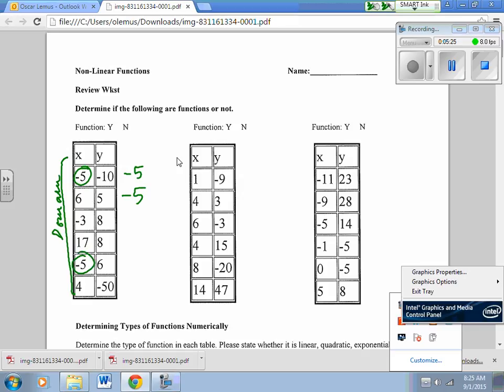What would be next? Okay, what would be next? 4, 6, 17. This is how that table should have been written. Now you don't need to write this. I'm just trying to make a point here.